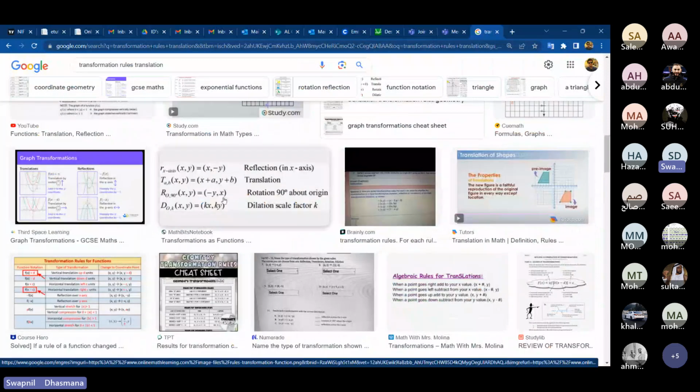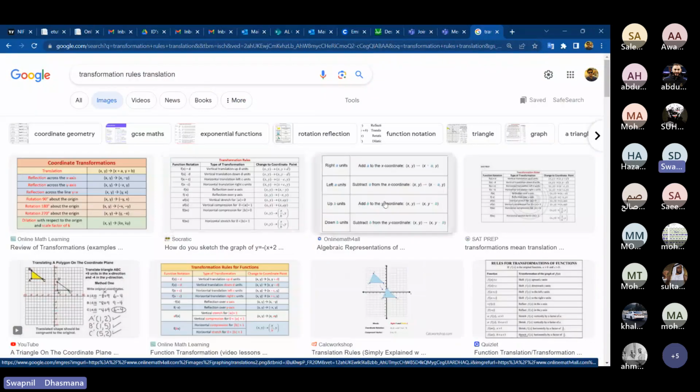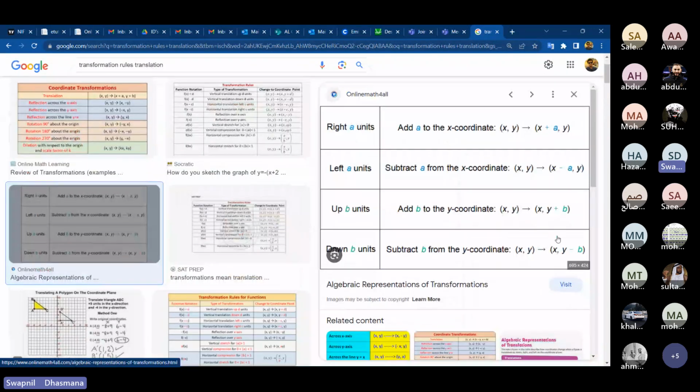But I think these rules I have given you pretty much clearly, so you don't need it on Google. But still, this is here.